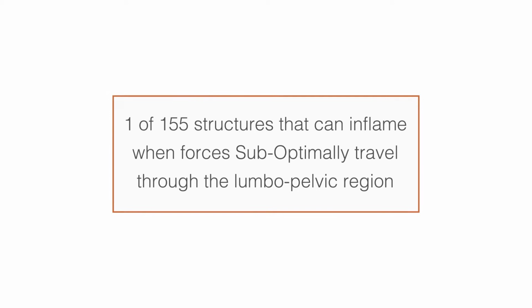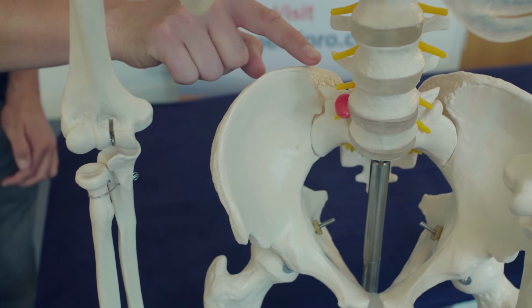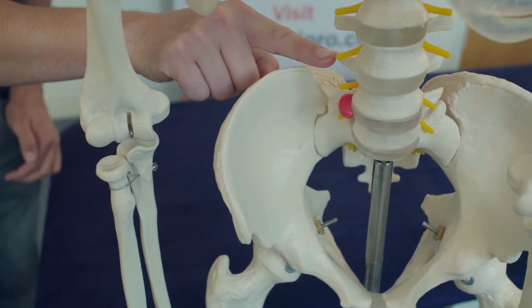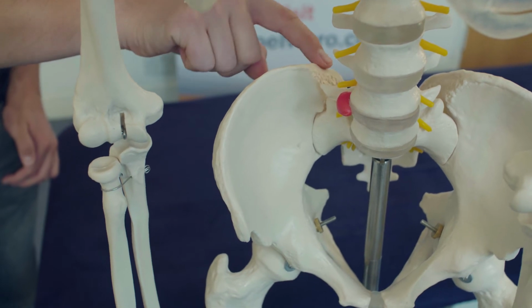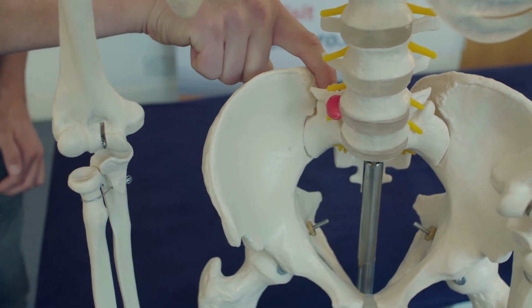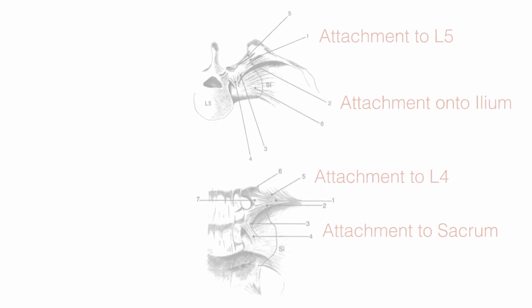The iliolumbar ligament is classed as an anterior ligament because it sits on the anterior aspect of the iliac spine. It attaches to the L4 transverse process, the L5 transverse process, and down into the sacrum. So it attaches onto four separate bones. It's a very busy ligament.